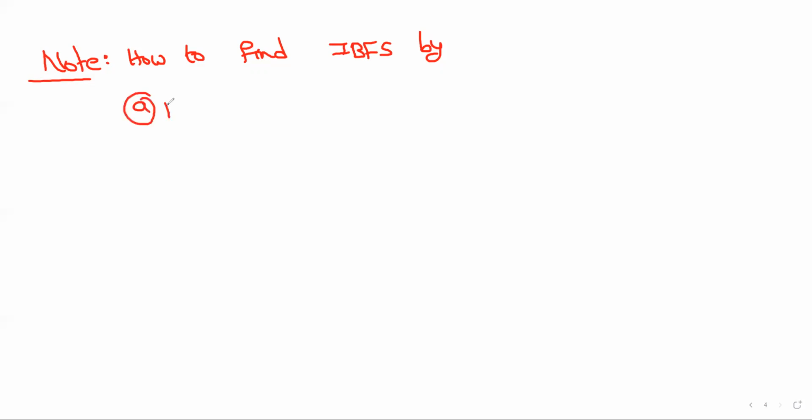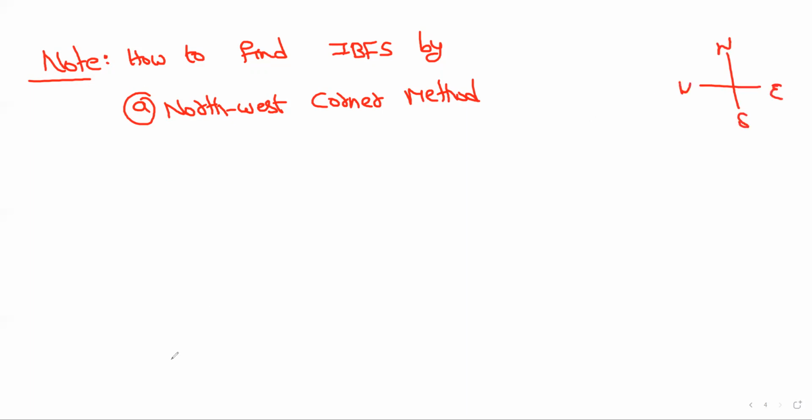Note this point right here. First method is the north-west corner method. Nothing but simply we know the directions here: north, south, east, west. So here we have to give preference for north-west element, this element, simply first element.